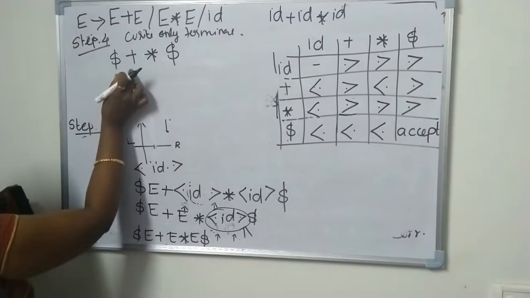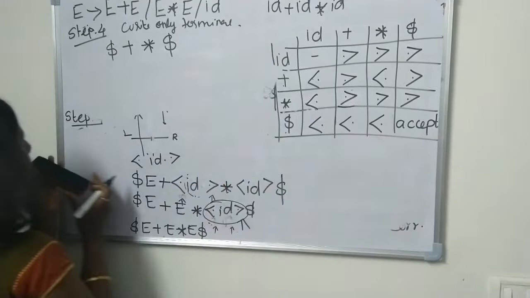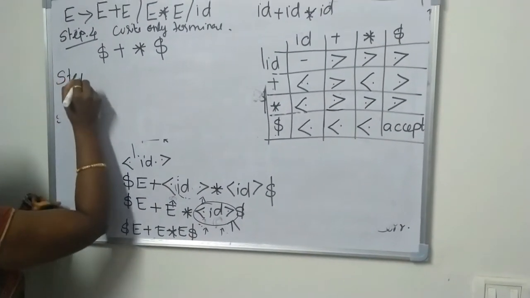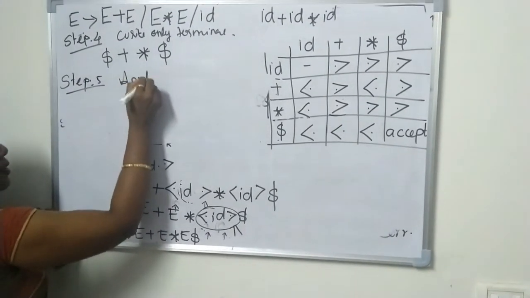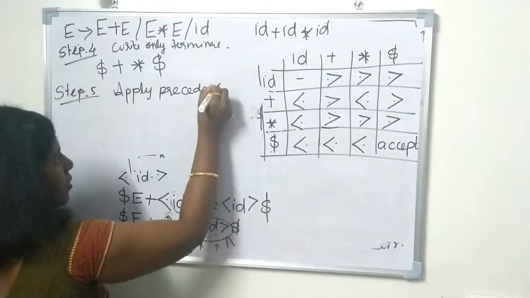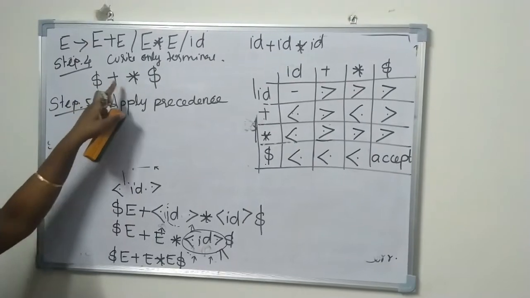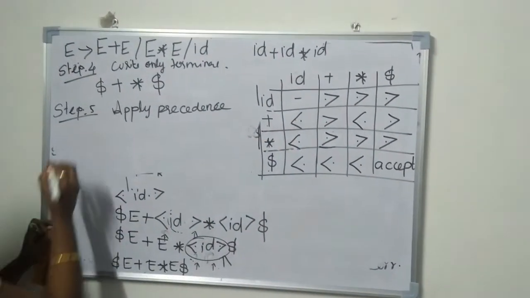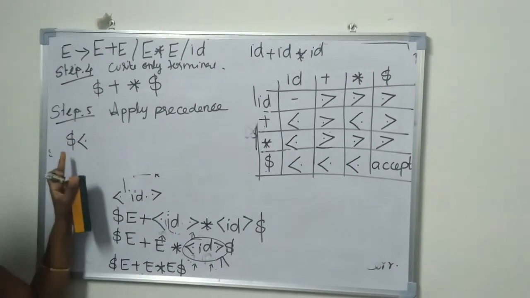Now we are going to apply precedence in the fifth step by seeing this table. So fifth step, apply precedence by using this table. First, dollar and plus having less precedence. So always dollar will be at the end.